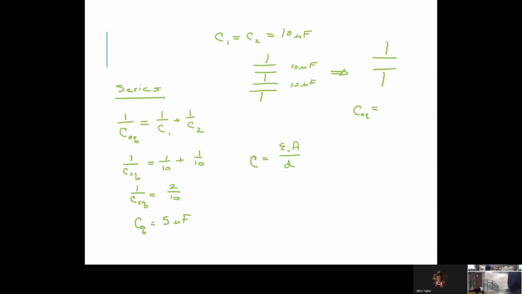The potential drop across each capacitor could be different. Each capacitor will have the same charge, right? But if each capacitor has a different value, then the change in potential across the capacitors will be different.